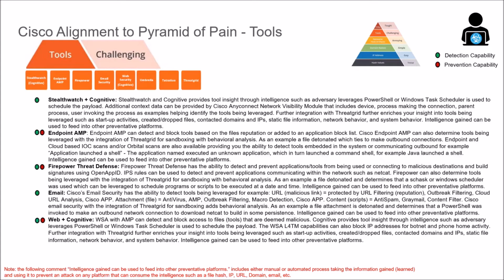Firepower Threat Defense has the ability to detect and prevent applications. So I say /tools because you can do this with tools as well that the adversary might be using. Also, we can monitor their connections outbound.